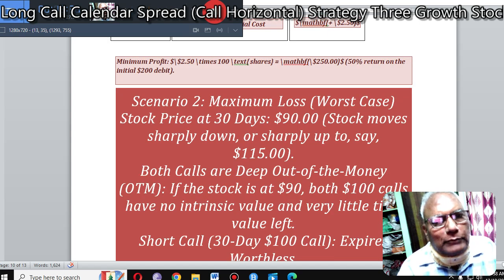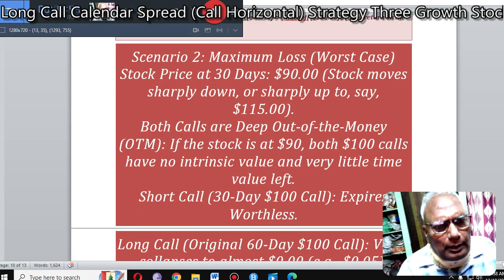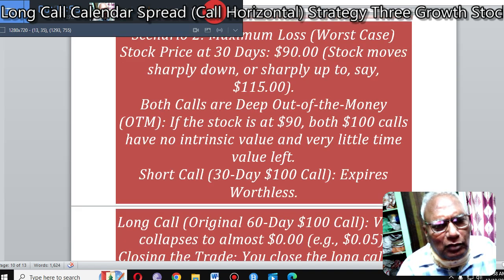Scenario two, maximum loss. Worst case, stock price at 30 days is $90, or the stock moves sharply down or sharply up to say $115. Both calls are deep out of the money. If the stock is at $90, both $100 calls have no intrinsic value and very little time value left.